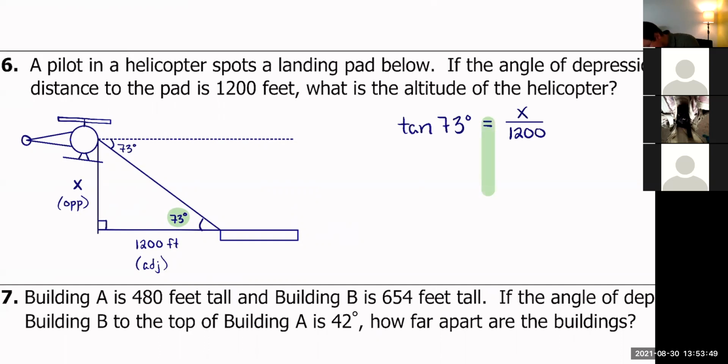So first thing I'm going to do there is multiply both sides by 1,200. And I'm going to go ahead and flip it around so my x is on the left. I get that x is equal to 1,200 times the tangent of 73 degrees. So what is the altitude of that helicopter?